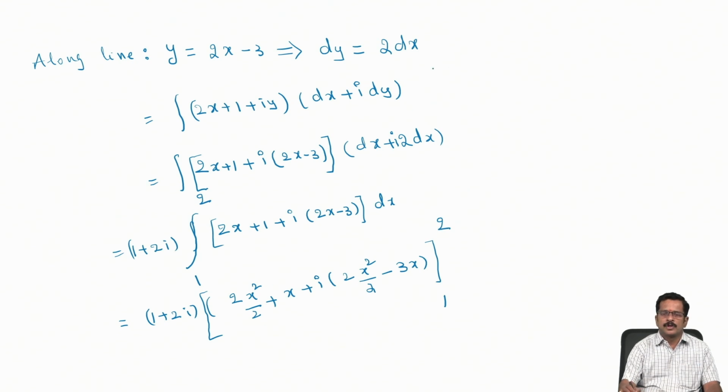Now I will simplify. This equals (1 plus 2i) into the big bracket.